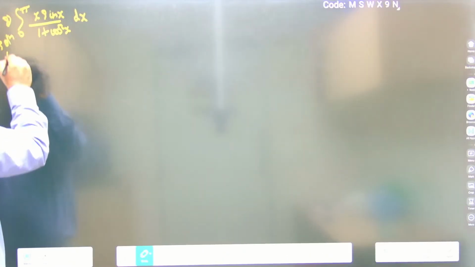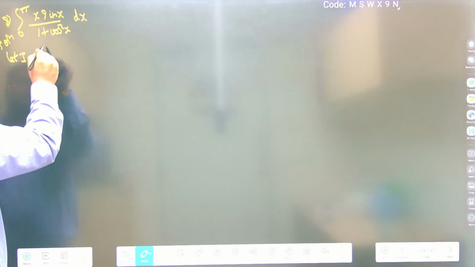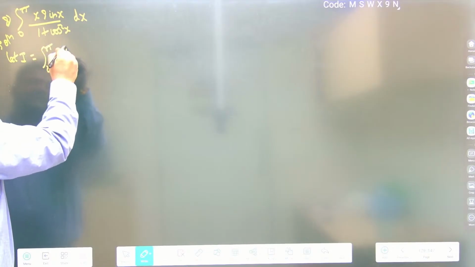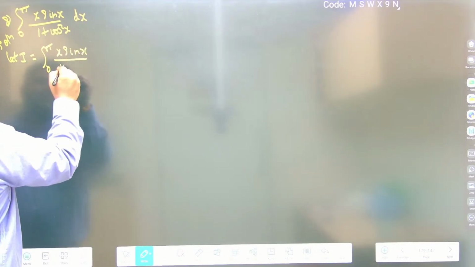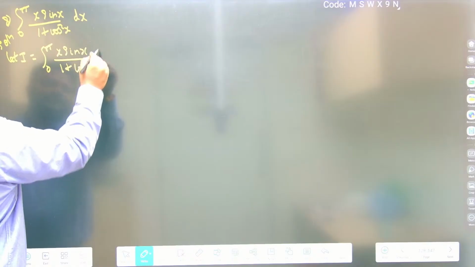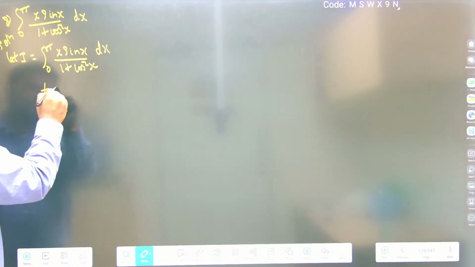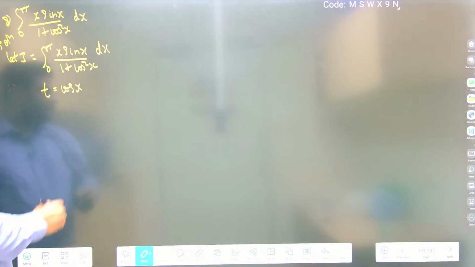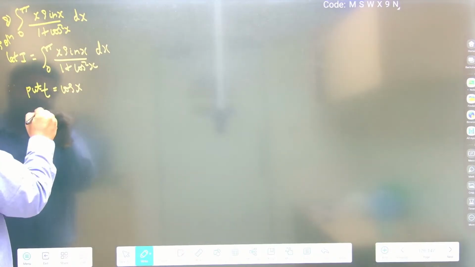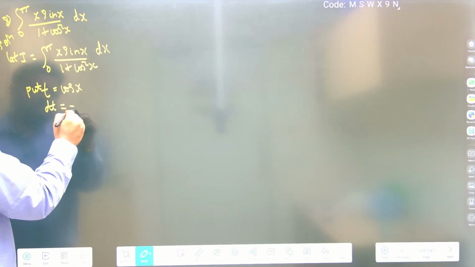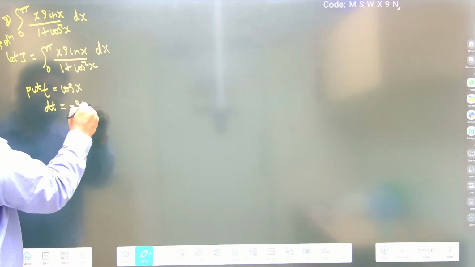Now the solution. Let I is equal to the integral from 0 to pi of x sin x by 1 plus cos square x dx. Now we will take t is equal to cos x. We have to do the substitution. Put t is equal to cos x. So dt will become what, friends? The derivative of cos x is minus sin x dx.